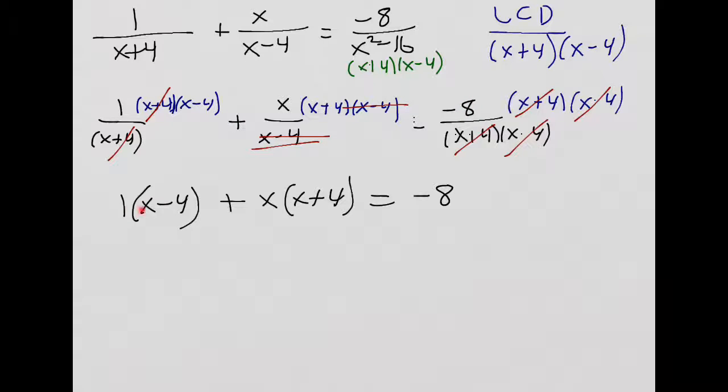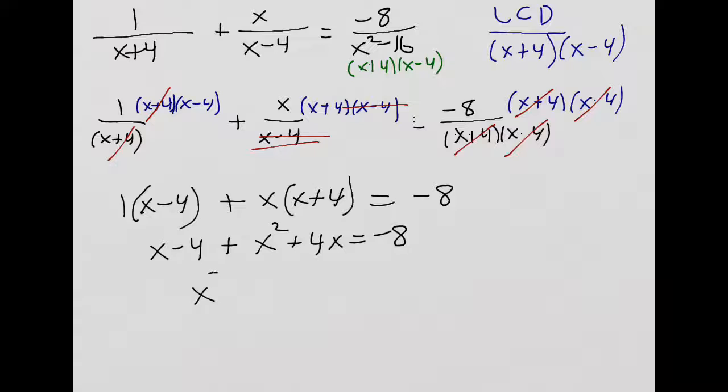So we end up with this. We've converted from a rational equation into this type of equation. What type of equation is this? Once we distribute everything and combine like terms, we end up with a quadratic equation. This is a quadratic equation that we want to solve.